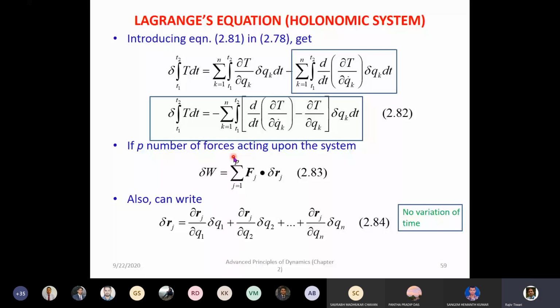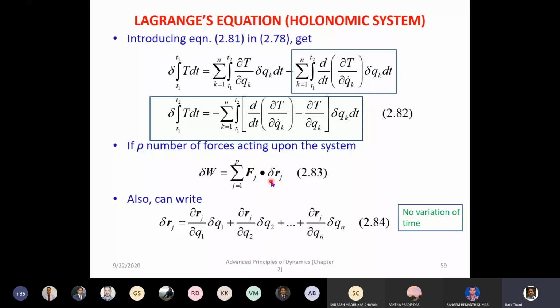So the virtual work because of these forces will be force into variation of the position where the forces are acting, and the dot product will ensure that the displacement component along the direction of the force is taken, so that we'll get the virtual work from the force.